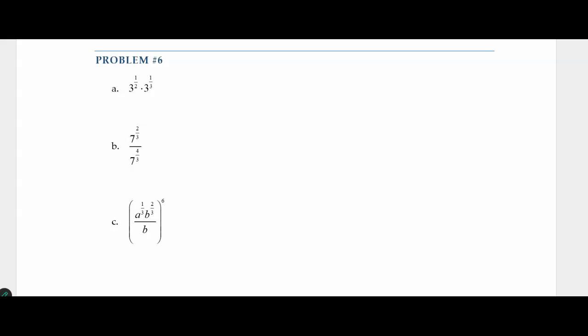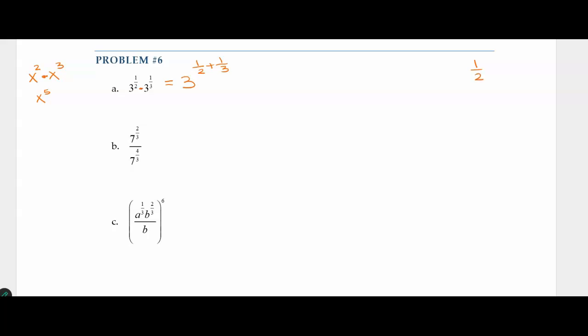Like on this first one, remember if I had x squared times x to the 3rd, when it's connected by multiply, I add those together. It's going to be the same thing here. It's connected by multiply, so I need to add those exponents. Let me write it this way. It's going to be 3 to the 1/2 plus 1/3 power. And then I've got to simplify that.